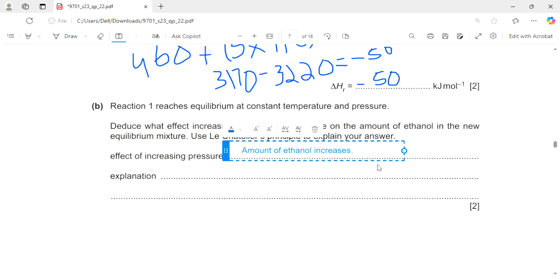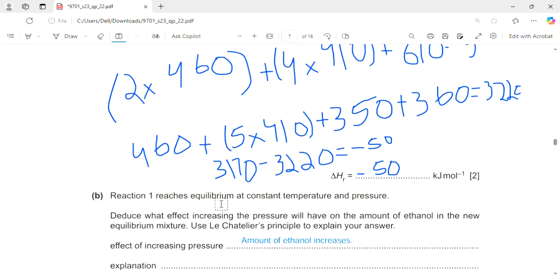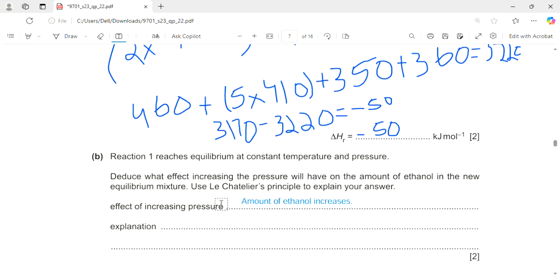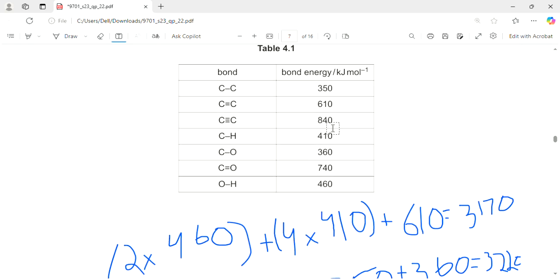Okay, and the explanation: because we have increased pressure, we consider the gaseous moles on both the left hand side and the right hand side. There are two moles on the left hand side and one mole on the right hand side, so the equilibrium will shift to the right hand side.